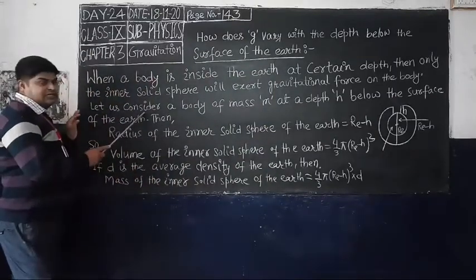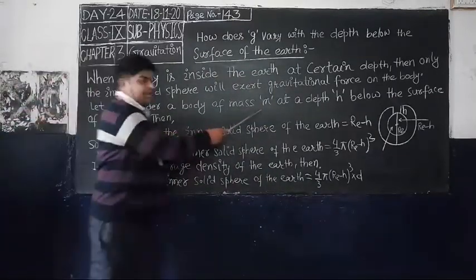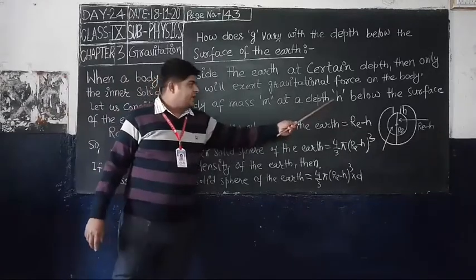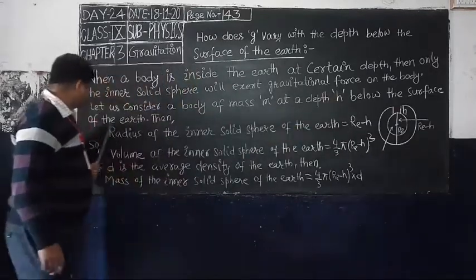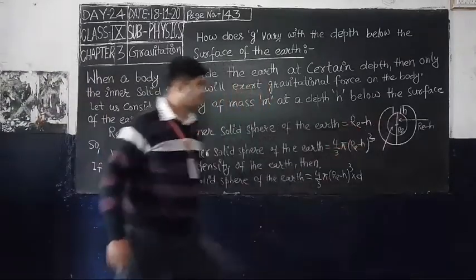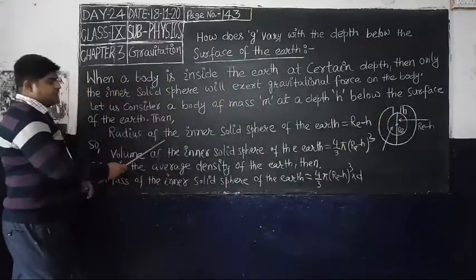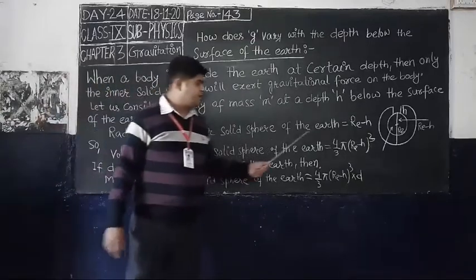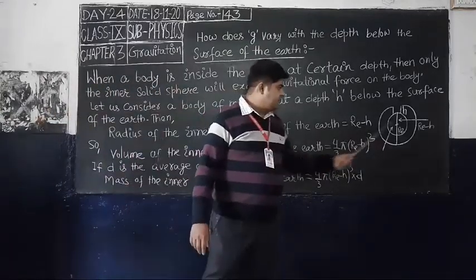Let us consider a body of mass m at a depth h below the surface of the earth. This is the depth h. Then the radius of the inner solid sphere of the earth is Re minus h.